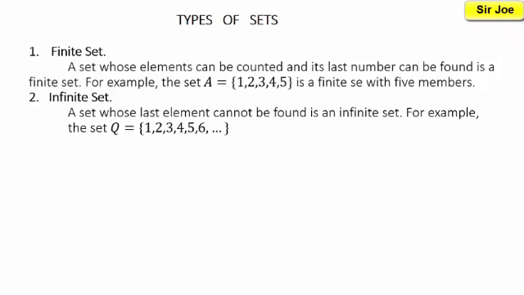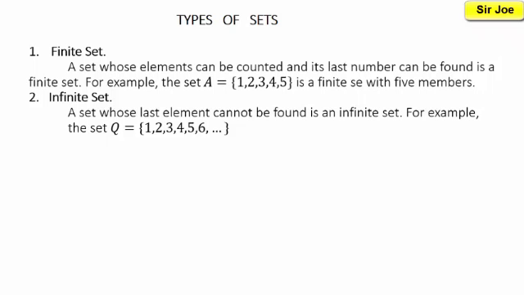For example, the set Q equals 1, 2, 3, 4, 5, 6, and so on. Q is an infinite set because its last element cannot be seen. Don't confuse yourself that its last element is 6. No. You can see three dots at the end over there.